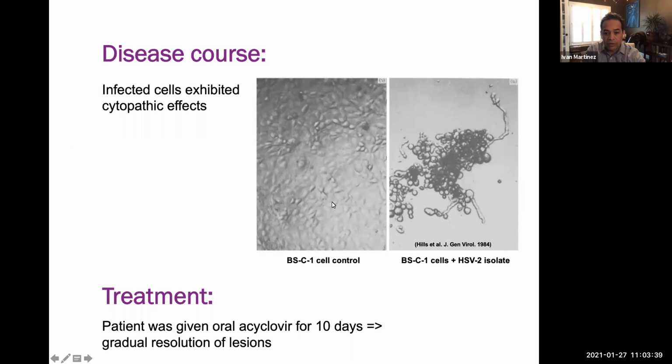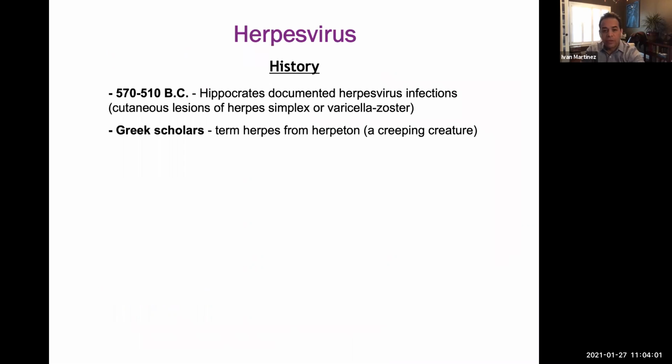You can see here, this is just a carpet of cells growing in vitro, and the moment they get infected with whatever the patient sample, you start to see the cells' phenotypes completely change to cytopathic effects. Treatment: the patient was given oral acyclovir for 10 days, with gradual resolution of lesions.